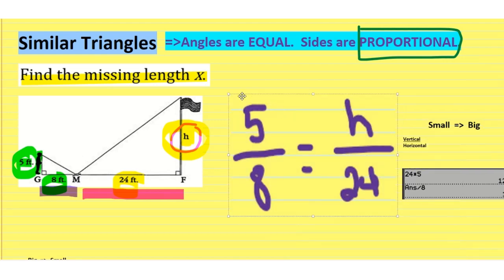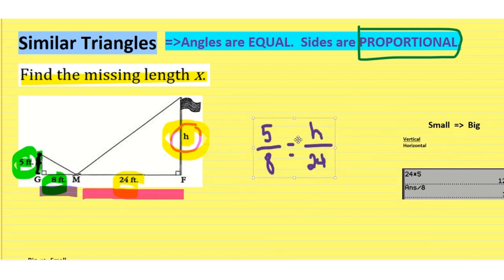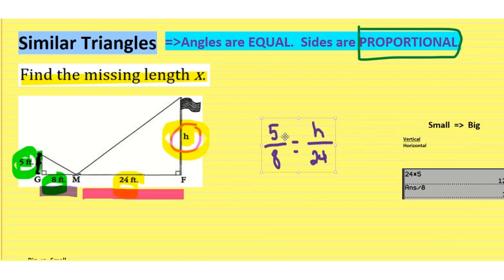Bigger than I wanted it to be. There we go. So again, we have to understand that we are setting up a ratio equal to a ratio. It's a proportion. The man's height right here is 5, and his height is related to his shadow.